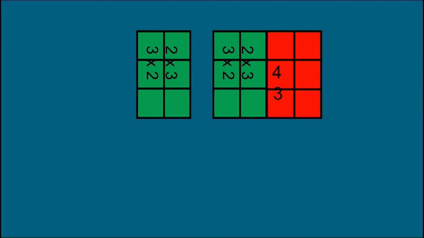It takes 2 of the 3 by 2 arrays to cover the 3 by 4 array. So if you know that 3 times 2 is equal to 6, you can then double the 6, or add 6 and 6, to get 12. So 3 groups of 4 equals 12, and 3 times 4 equals 12.